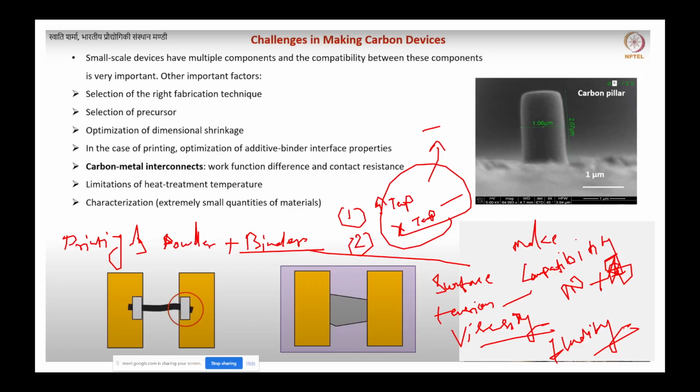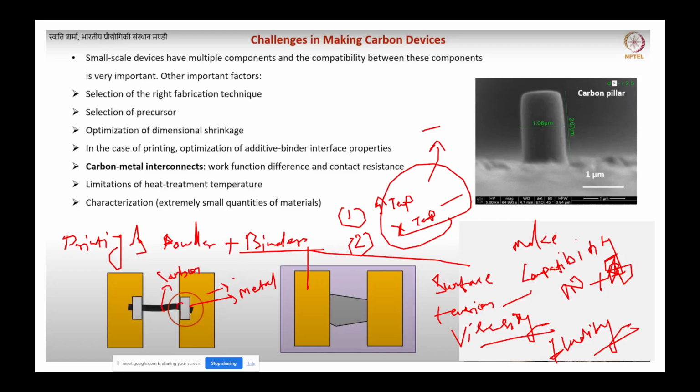Carbon metal interconnect: work function difference and contact resistance will be there. As you can see here, this is your metal and this is your carbon.